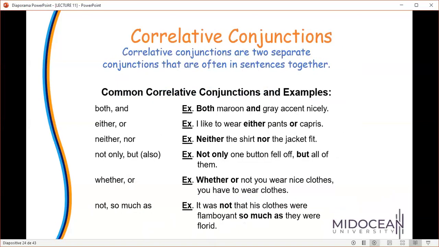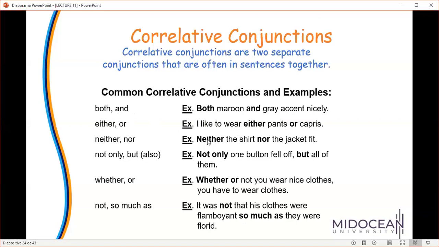I continue now. Correlative conjunctions. So correlative conjunctions are two separate conjunctions that are often in sentences together. Okay, example, both and: Both maroon and gray accent nicely. Either or: I like to wear either pants or cutoffs.